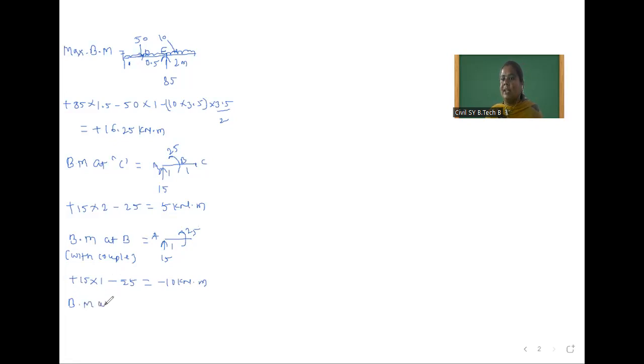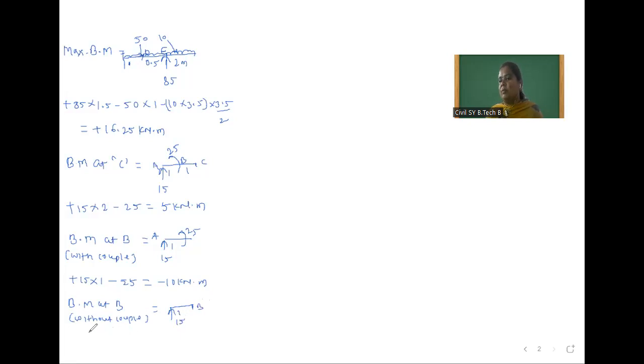Bending moment at B without couple, which is equal to, so here 15. Okay, this is only B point and this is 1 meter.